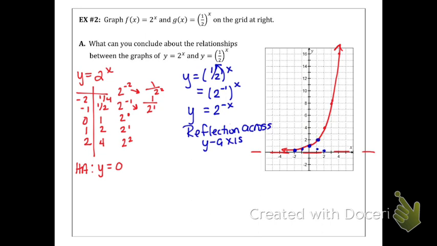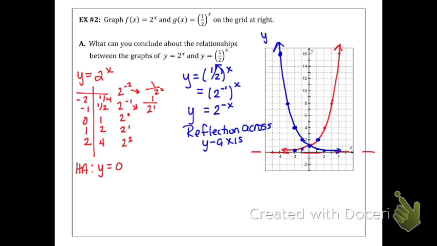Okay, third point, our fourth point, the next point, and I'm even going to go up to the one that's up at 16. I'm going to go across the y-axis, and it's up there. All right, and so there is my 1/2 to the x.